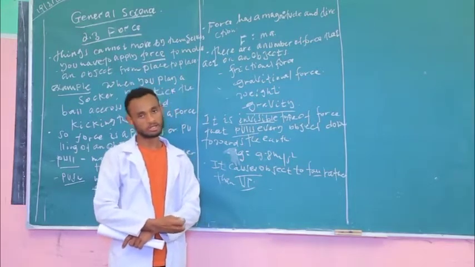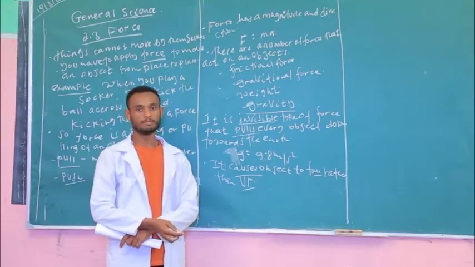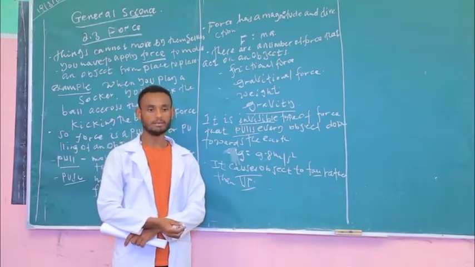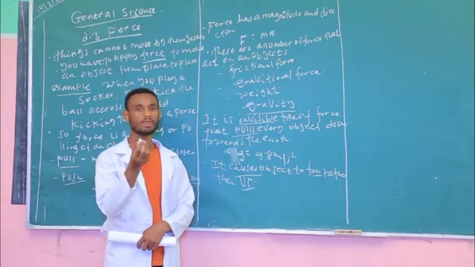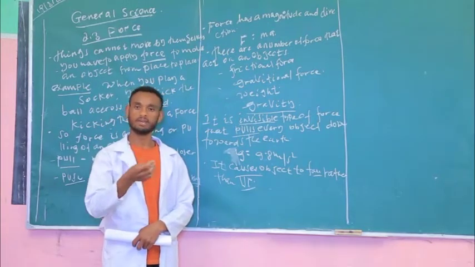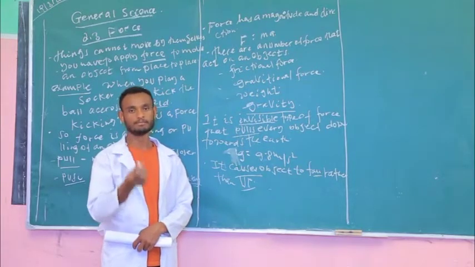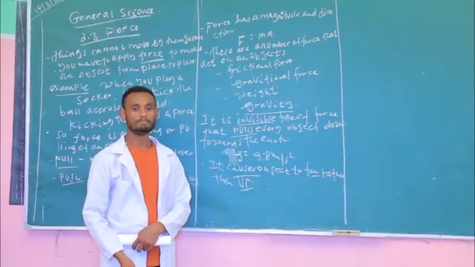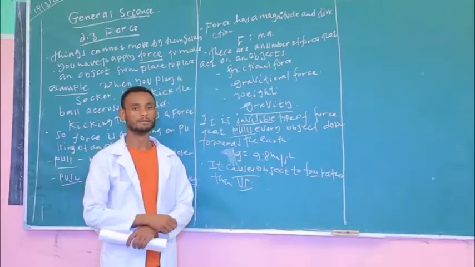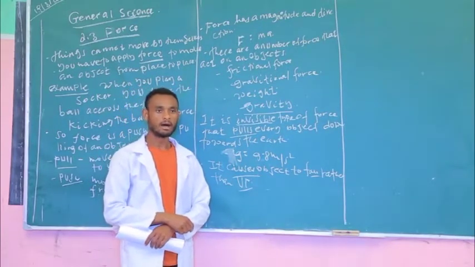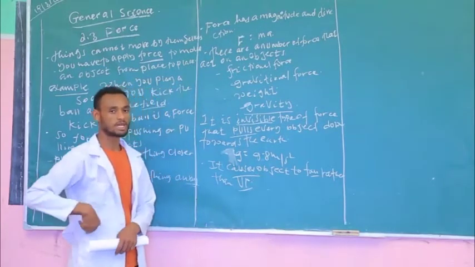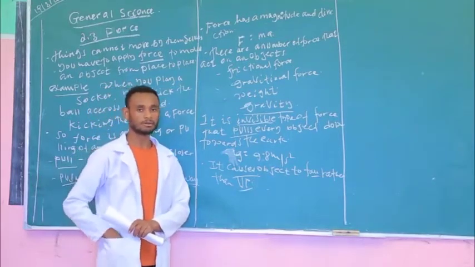Let's do an example. If we throw up a piece of chalk, look at it, students. If we throw up this chalk, what will happen? After a few seconds, it will come down.